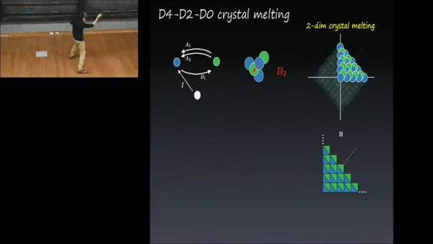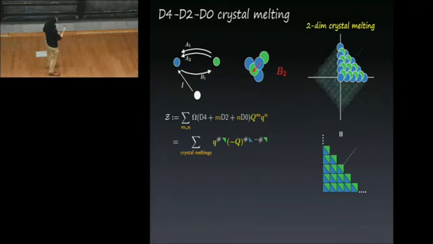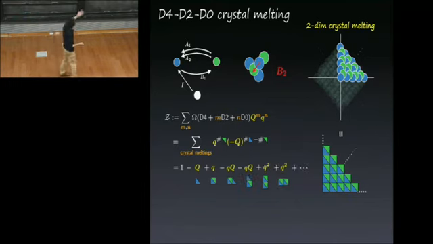And we can re-express this two-dimensional surface in terms of this bunch of triangles. Then the generating function of the Witten index is written as a sum over the meltings of this two-dimensional crystal. Then the result is like this. It's a kind of generalization of the Young diagram.